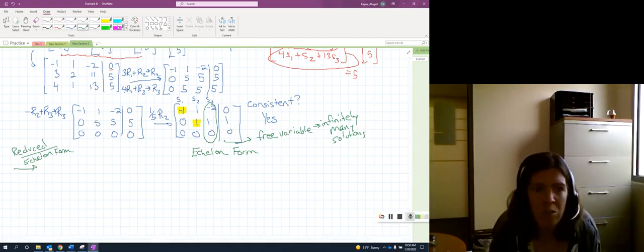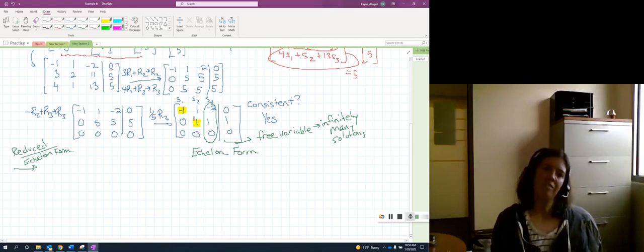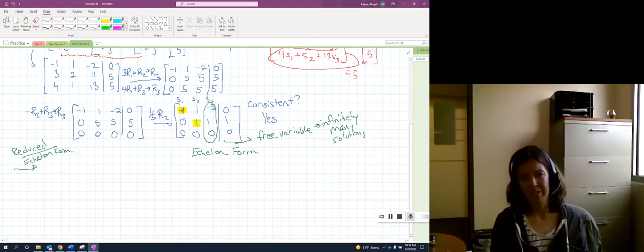Well, okay, technically I've got to do two things. For something to be in reduced echelon form, there are two added criteria. It's all the criteria for echelon form with two additional requirements: this time your pivots do actually have to be ones, so I'll get a positive 1 in this position.